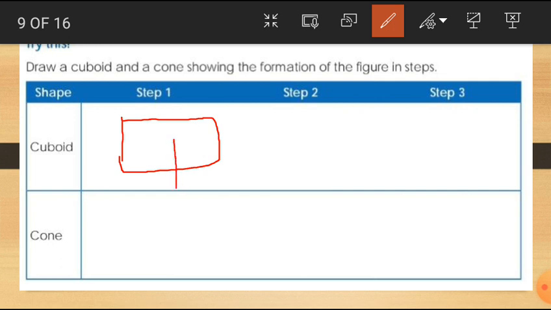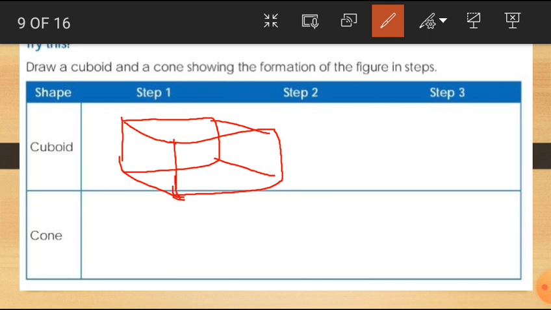Okay, and we know a cuboid has rectangular faces. That's why. Okay, my dears, when you are drawing, please use the scale and pencil. Okay, and first you draw a rectangle, then from the middle you draw another rectangle, then join the vertices. Okay, like this. Now you got a cuboid.